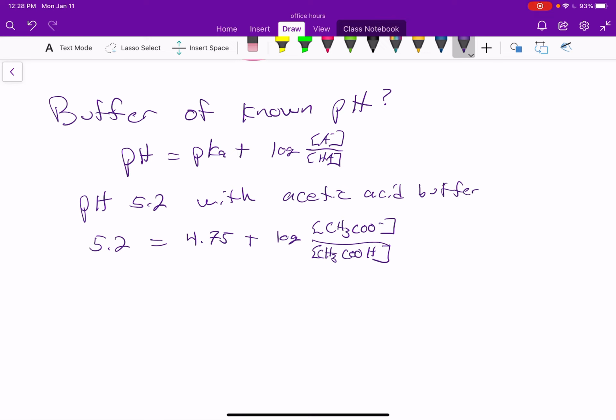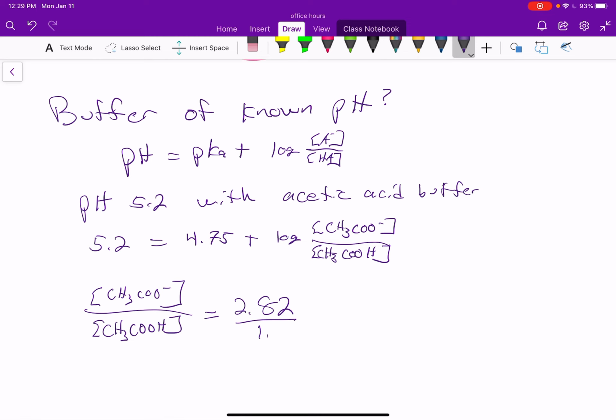We do a little calculation here, and what you'll find is that you get a ratio of CH3COO minus over CH3COOH equal to 2.82.